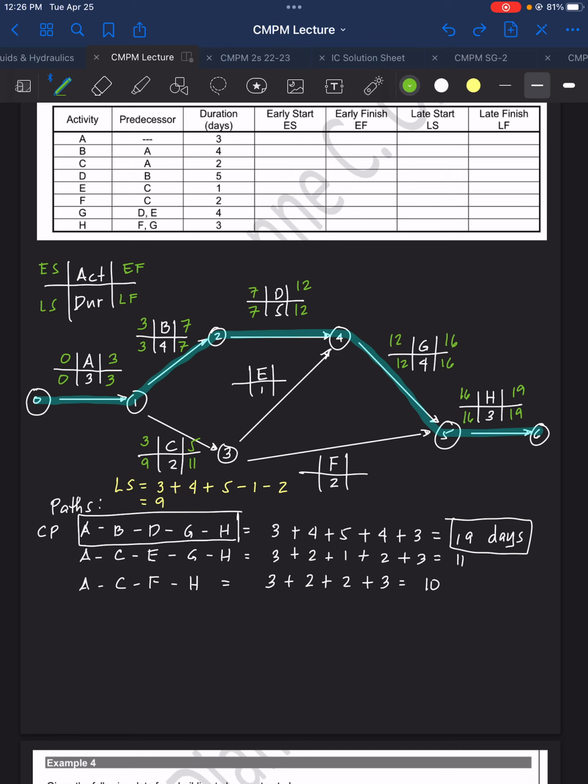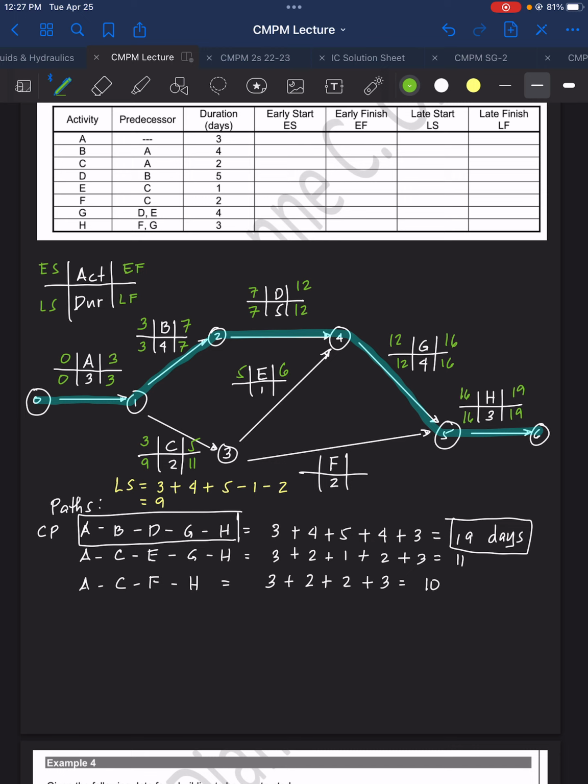And you can get it by here. So that will be activity A, 3 plus 2, 5. So we have here 5 days for the early start of activity E, similar to the late finish of C. And then 5 plus 1, that will be 6.